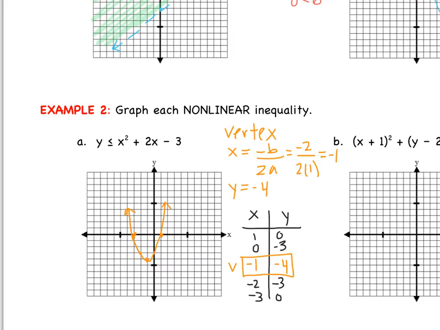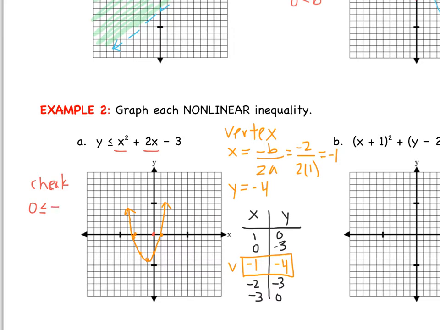And now we still need to test a point. Since our origin 0, 0 is not in or on our curve, we can check that. So again, if we check the left side, y is 0. Is that less than or equal to? Well, when I plug 0 in for x, that goes to 0.